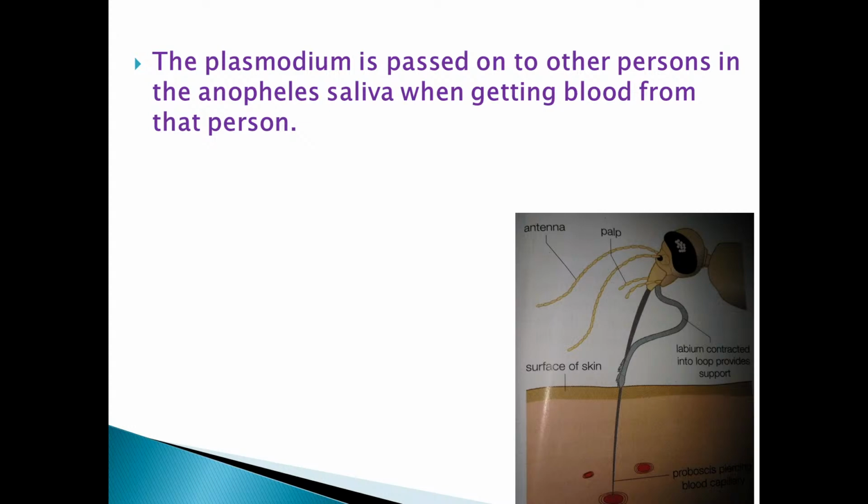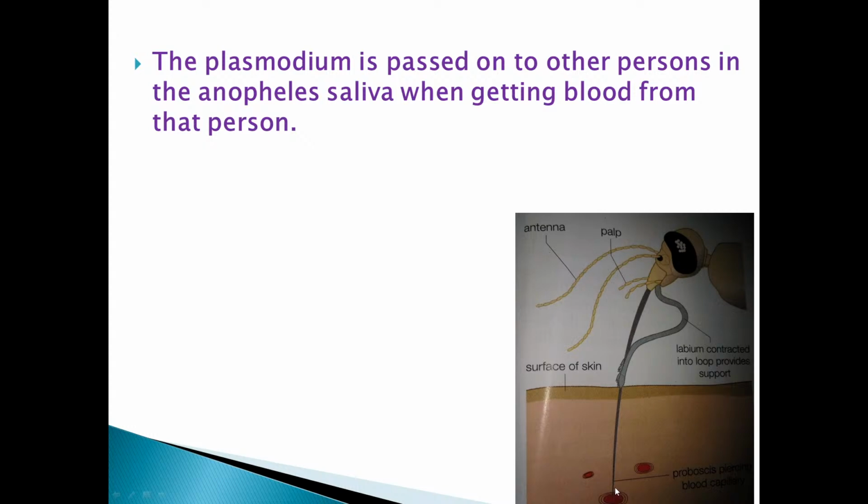So here we have a diagram now. The picture basically shows you exactly what happened. We have the surface of the skin, that is the top yellow section there. Of course, it is being pierced by the mosquito, and it goes down into the blood capillary.